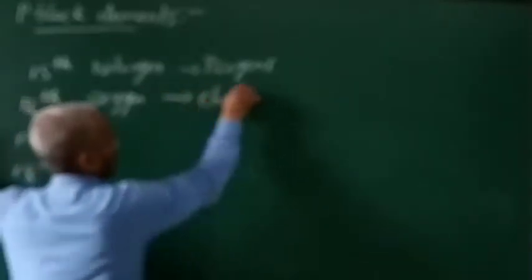15 group is the nitrogen family, which is also known as pnictogens. Then 16 is the oxygen family, which is called chalcogens. Then 17 is the fluorine family, which is called halogens.